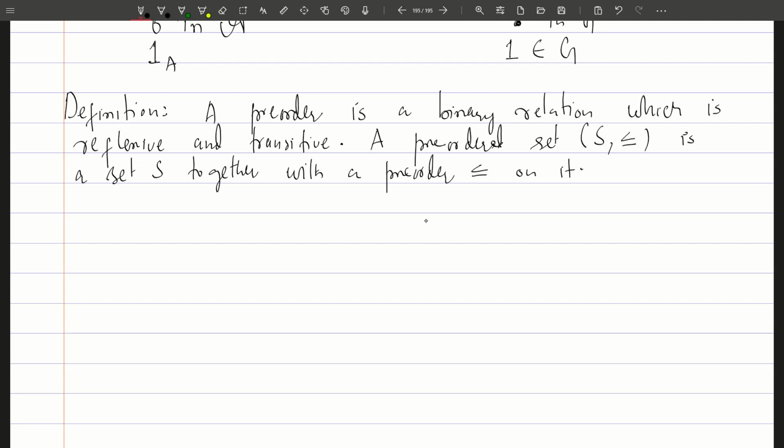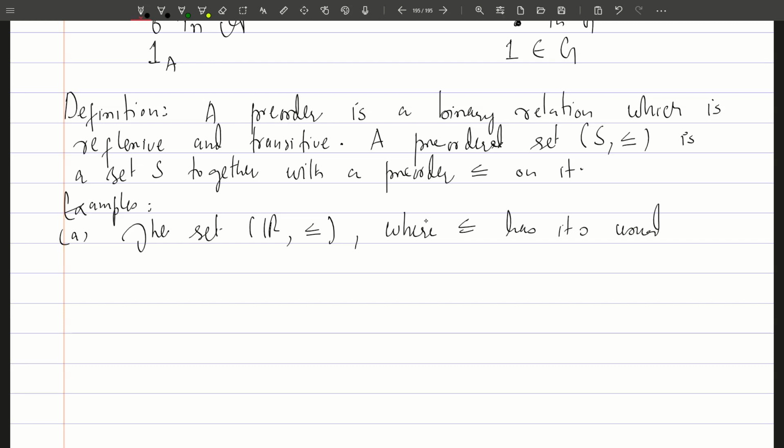Let us do examples. If we consider the set R of real numbers with the pre-order less or equal to, where less or equal has its usual meaning, then this is a pre-ordered set.